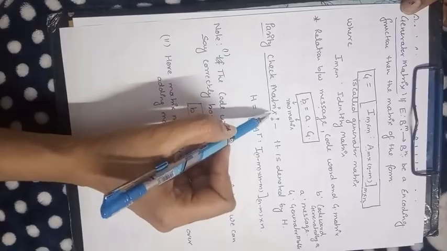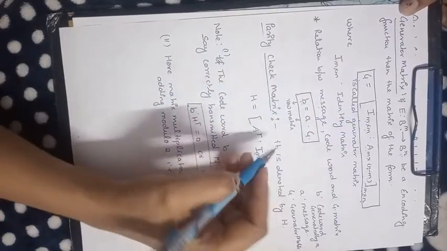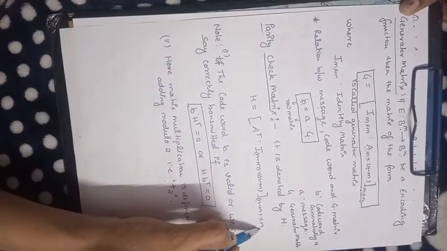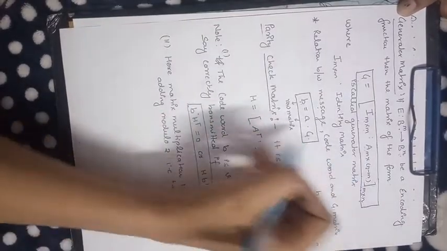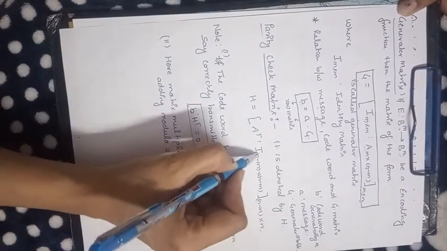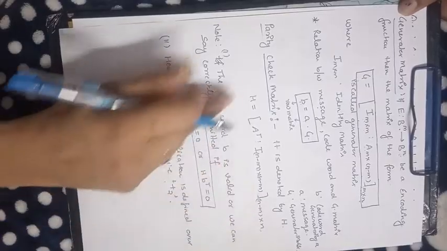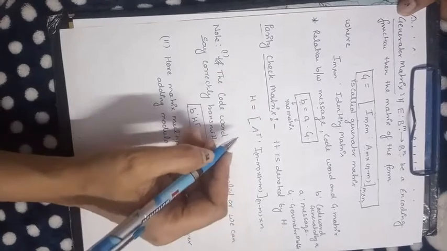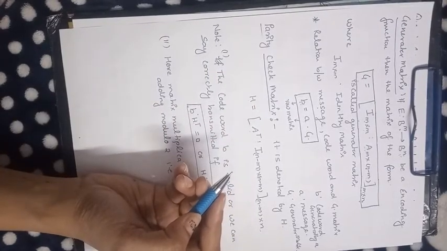Similarly, the parity check matrix is also defined over the generator matrix. Here the dimension of this parity check matrix is n minus m cross n, where n and m are defined as in the generator matrix, and the A matrix is also defined as in the generator matrix, and this is the identity matrix of n minus m cross n minus m. With the help of this parity check matrix we can check whether the code words are correctly transmitted or not.